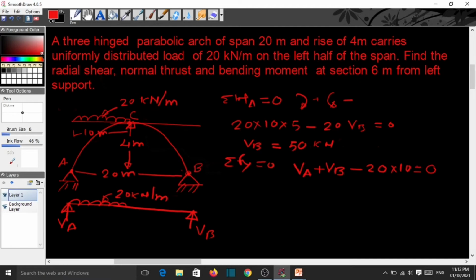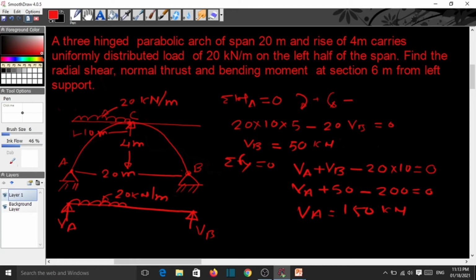So we know VA is unknown, VB is 50, minus 200 is equal to 0. So we got VA is equal to 150 kN.